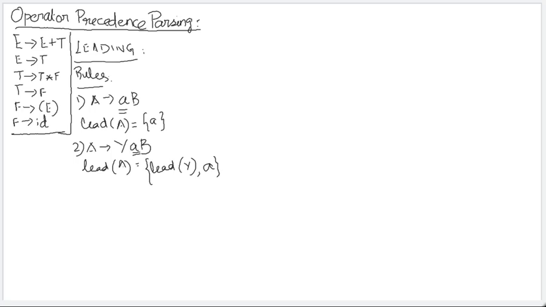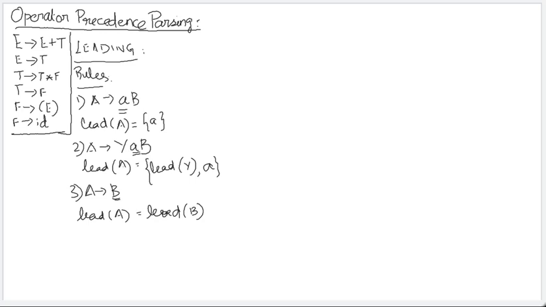And then the third possibility is you have a production where the first value is a non-terminal and there is only a non-terminal which doesn't have any following element. So here what you have to write is, the lead of A is lead of B. You have to find the lead of B and then you have to substitute. So these are the three rules.